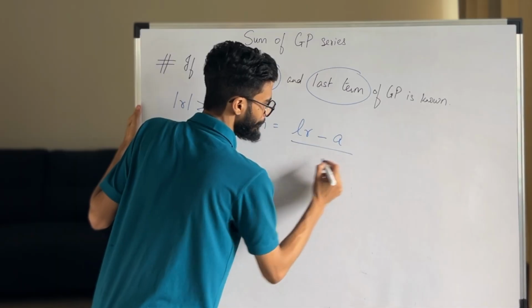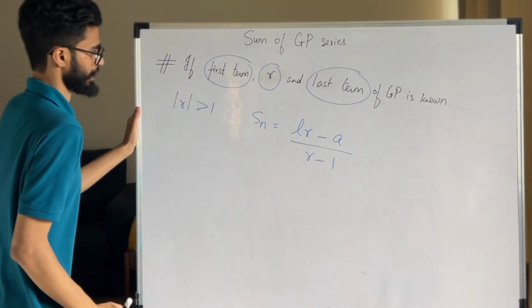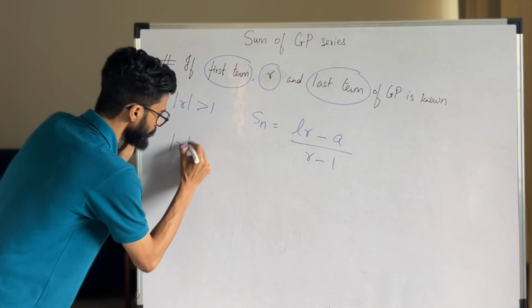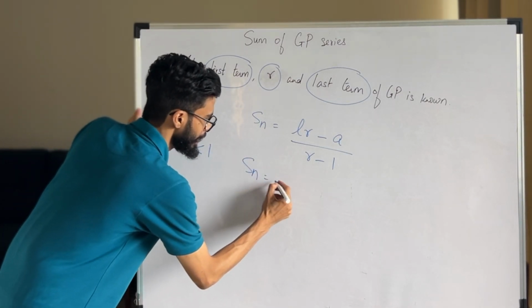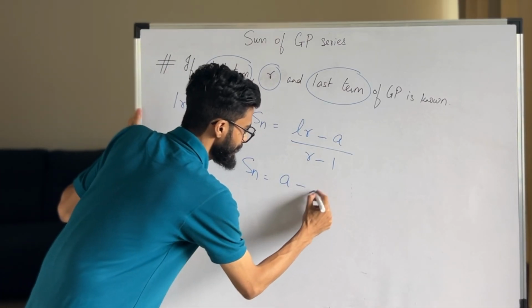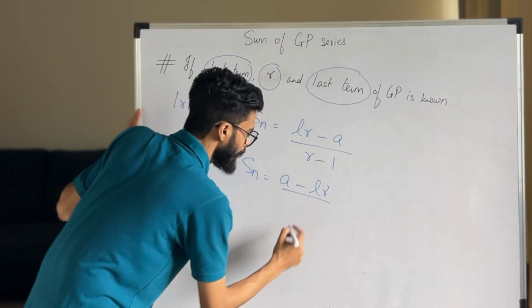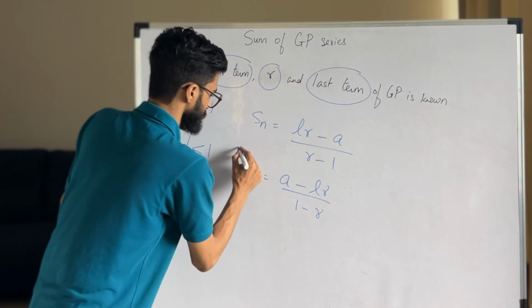Similarly, if my absolute value of R is less than 1, I can write this as A minus LR upon 1 minus R.